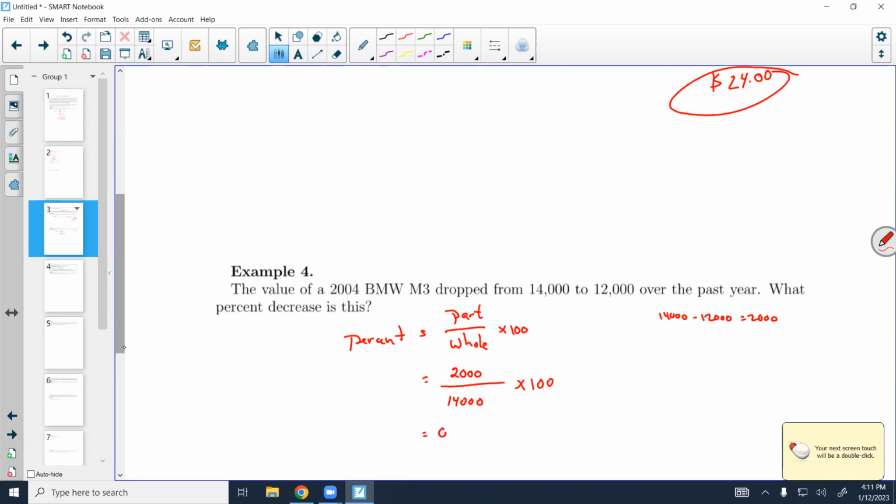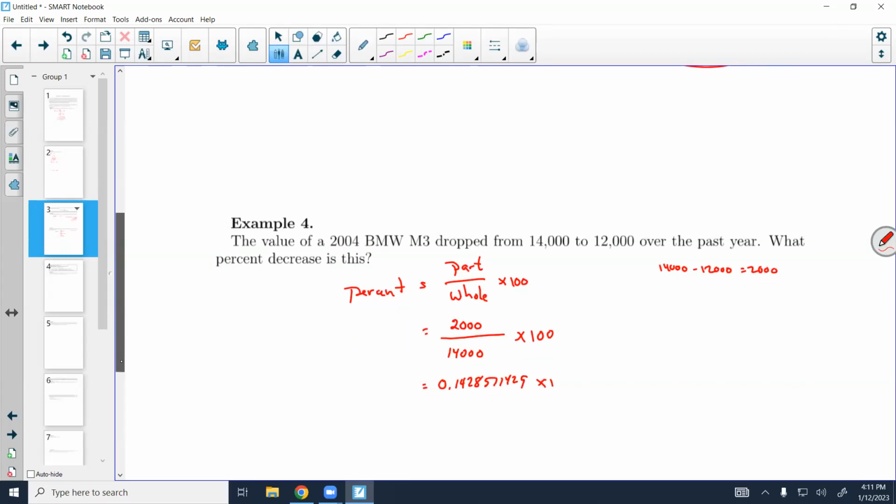And I get 0.1428571429. Multiply that by 100. In other words, move my decimal place and I get 14.29%.